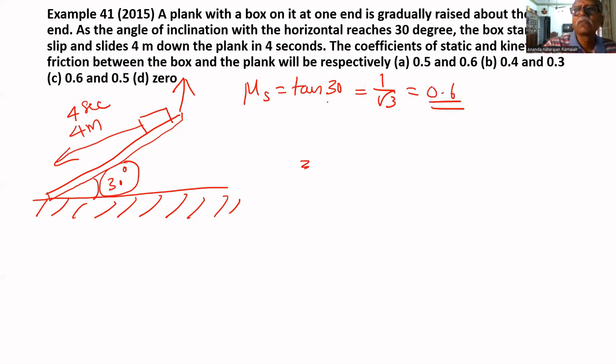Static friction is asked first. Therefore, here only 0.6 is there. That's why without calculating dynamic, we can say that C is the answer.